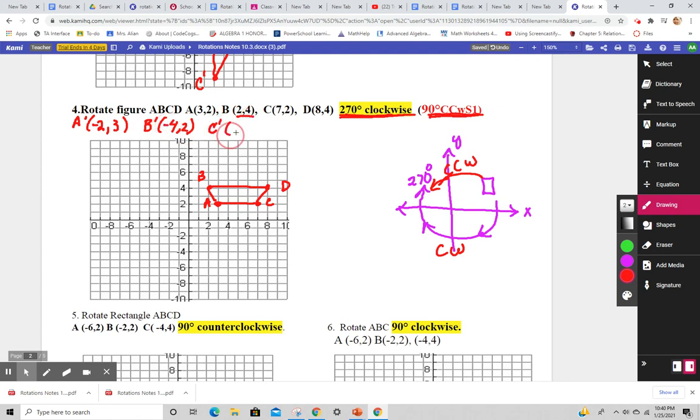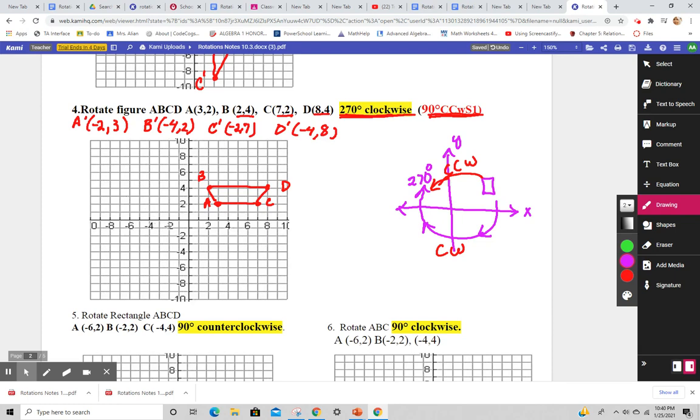C prime, so instead of 7, 2, I will have 2, 7. Change the sign of the first. D prime, instead of 8, 4, I will have 4, 8 and change the sign of the first. Now just have to plot these points.